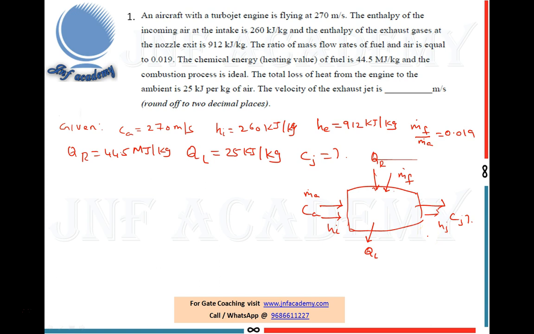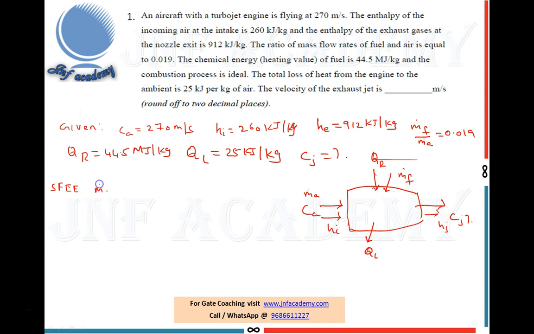Now let's do one thing. As a next step, let's apply the steady flow energy equation, SFE, across this control volume from inlet to exit.